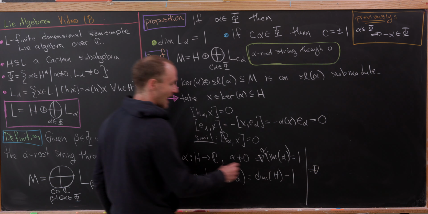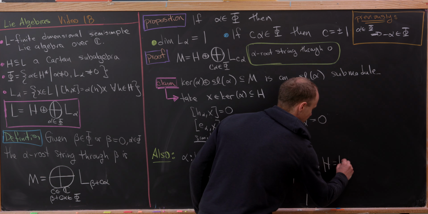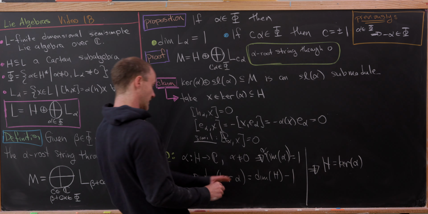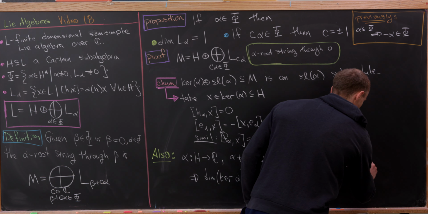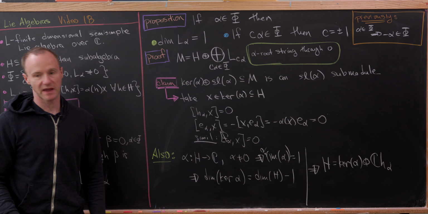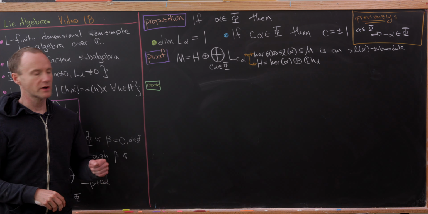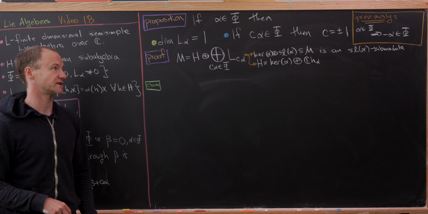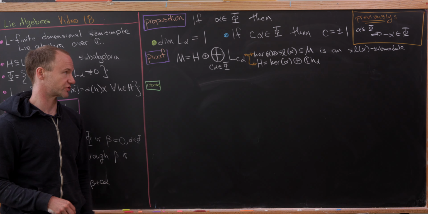So anyway, what we have here is that H will decompose into the kernel of alpha, plus the one-dimensional vector space spanned by H alpha. Okay, so far we took this root string, and what did we do? We showed that the kernel of alpha plus SL alpha was a submodule of this root string.